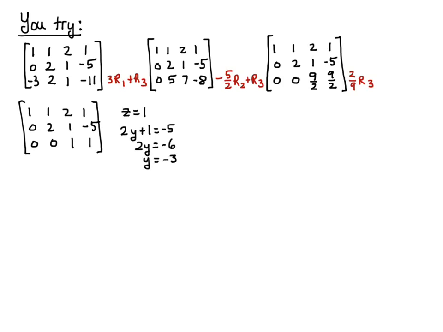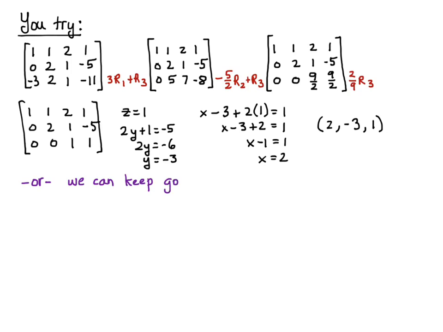Okay, so here's the back solve, and you should be able to do this pretty readily yourself. Or what we can do is keep going. We can take this matrix up here, and I want to eliminate this 1 and this 2. So now I'm starting down here and eliminating going up the column.